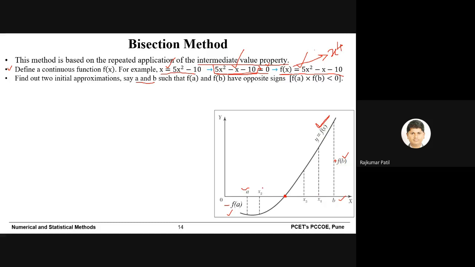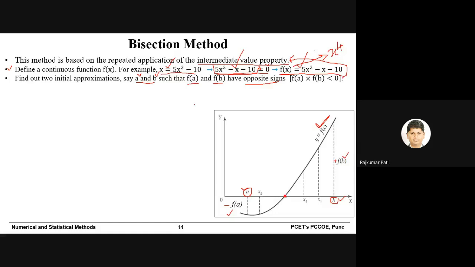In the figure, you can see that let's say the first approximation is A and the second approximation is B. But while selecting the values of A and B, make sure that f of A and f of B have opposite signs. That is, the product of f of A and f of B is less than 0, and this is nothing but the intermediate value property.